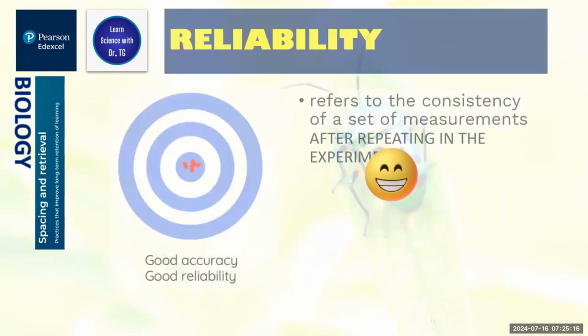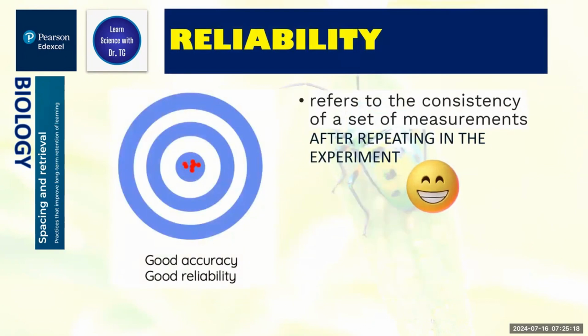Now when it comes to AS, there's another important thing that comes up with statistics, like the other side of the coin: reliability. The meaning of reliability is that our conclusion and results are very much powerful as we repeat the experiment, because of the measurements after repeating the experiment.